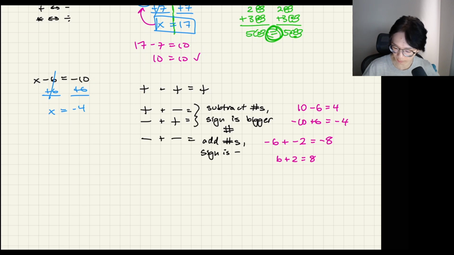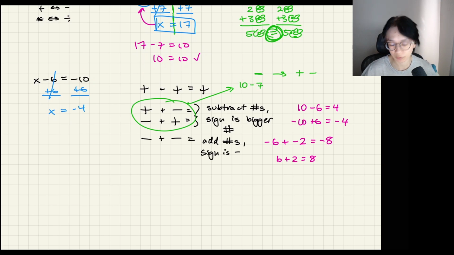I will tell you to keep in mind that when you have a scenario like this, I'll remind you, subtraction is the same thing as adding a negative. So for example, 10 minus 7, you might know, oh, that's 3. That's the same thing as 10 plus negative 7.